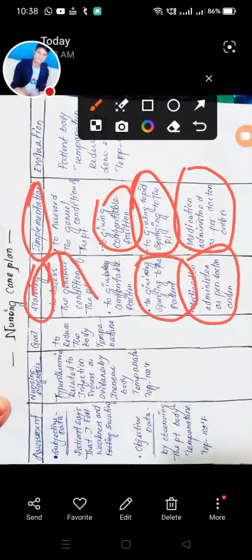That is your implementation. You write the same things in past tense, as per your planning. Okay, so what is evaluation?